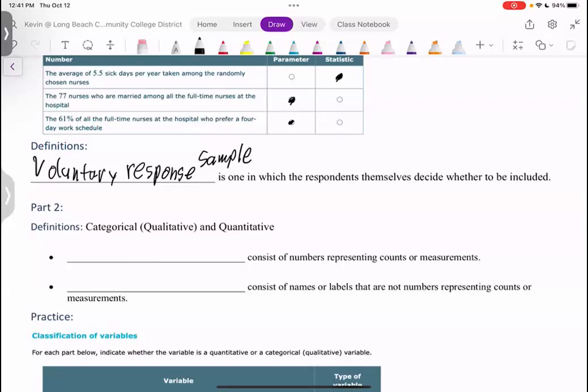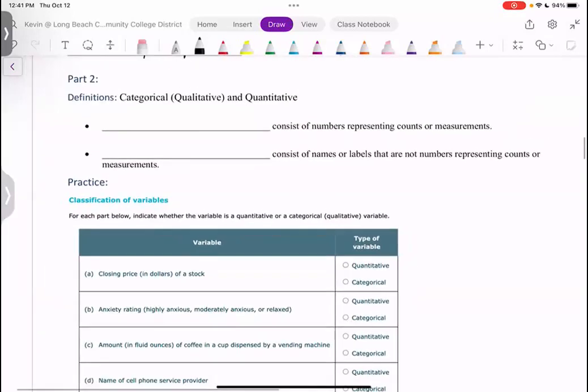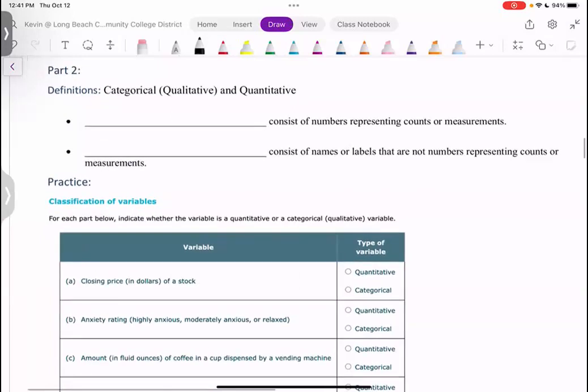All right, part two. So we have two definitions here. We have quantitative, which consists of numbers representing counts or measurements. So these usually are associated with numbers that have meaning.